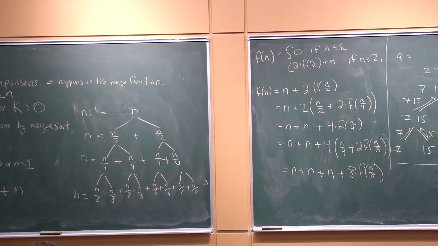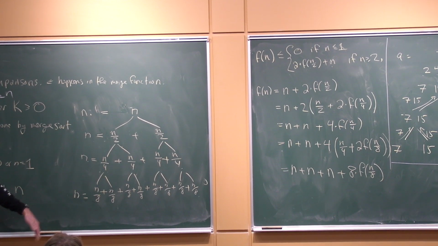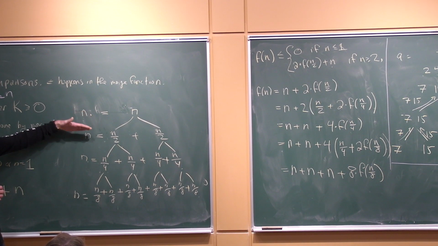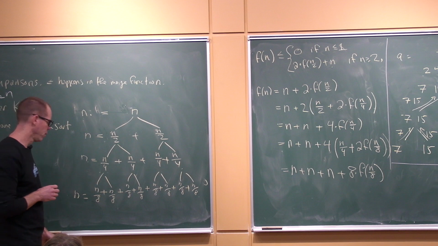And so basically, all I have to do is add up all the numbers that are in this tree. I know that each level adds up to n. So the only question is how many levels are in this tree. Okay.